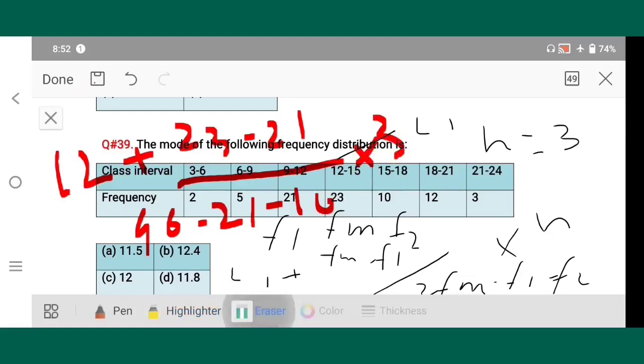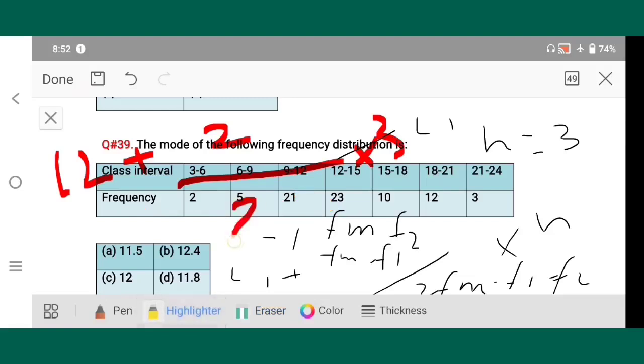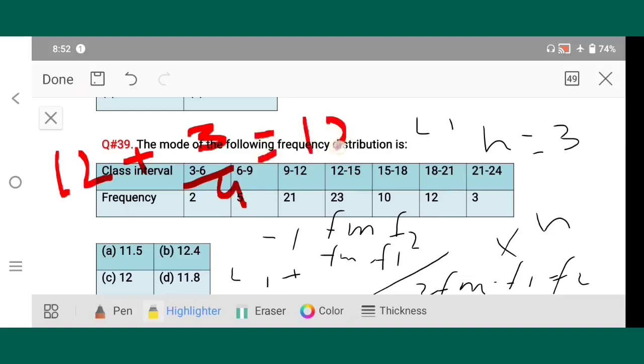So just solve this. 23 minus 21 gives 2. 46 minus 21 minus 10 gives 15. So 2 divided by 15... it gives around 12.4.